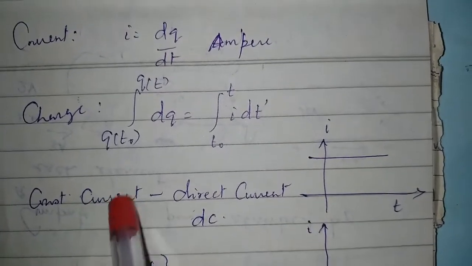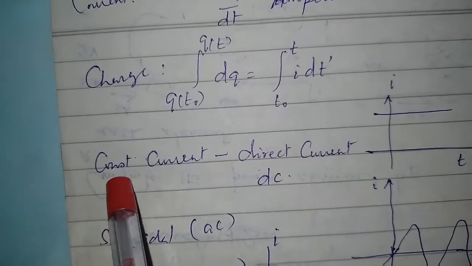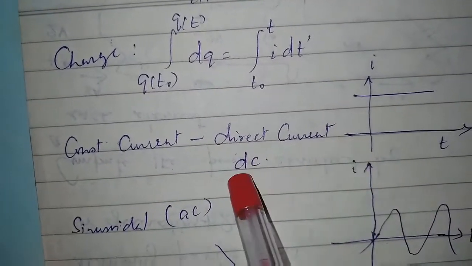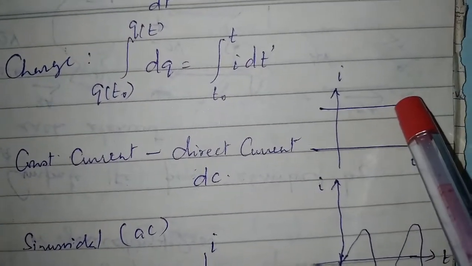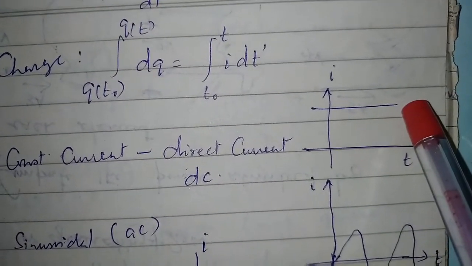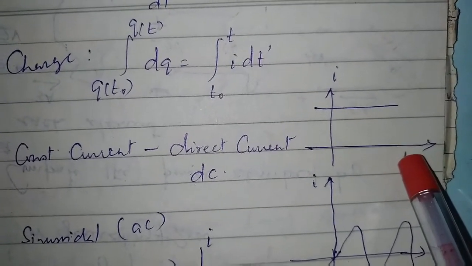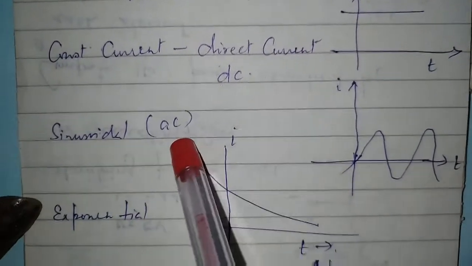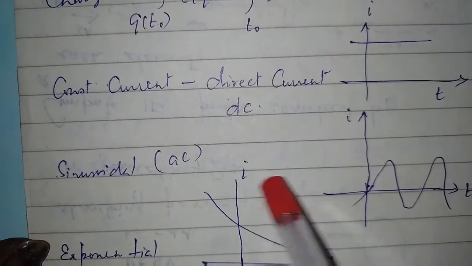Now, let us see the different types of currents which are possible. Constant current, that is DC, direct current. With time, it is constant, a flat, straight line parallel to the time axis, that is the x-axis. Now, sinusoidal, that is AC current, alternating current.